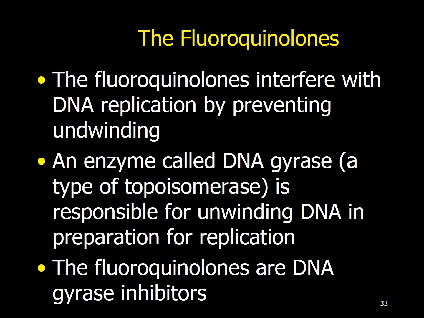One of them is called DNA gyrase, and it is actually responsible for unwinding bacterial DNA. The fluoroquinolones are DNA gyrase inhibitors, and thankfully bacterial DNA gyrase is different than human DNA gyrase. So you can give fluoroquinolones, interfere with bacterial DNA unwinding without interfering with the humans.